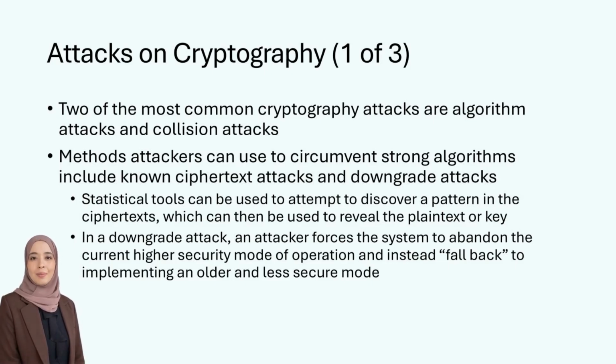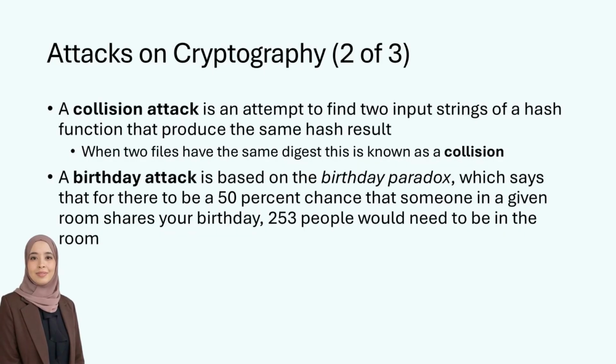This makes it much easier to break the security. For example, if the system is using strong encryption, the attacker forces it to switch to an outdated version that's much easier to crack. These are just some of the ways attackers try to get around encryption and access sensitive information.